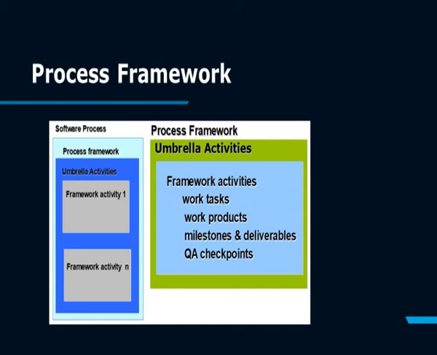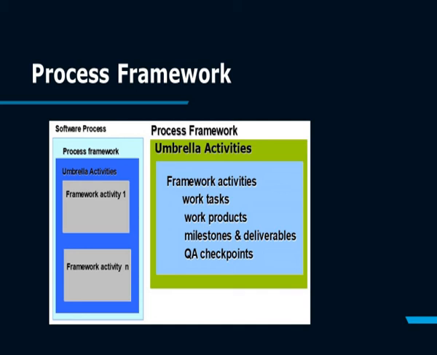Then measurement defines and collects process, project and product measures that assist the team in delivering software that meets customers' needs. Then software configuration management manages the effect of change throughout the software process.